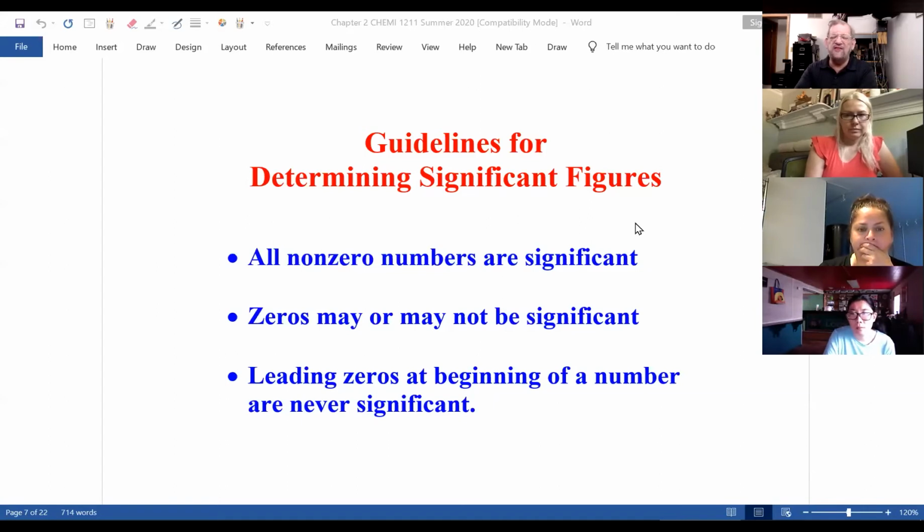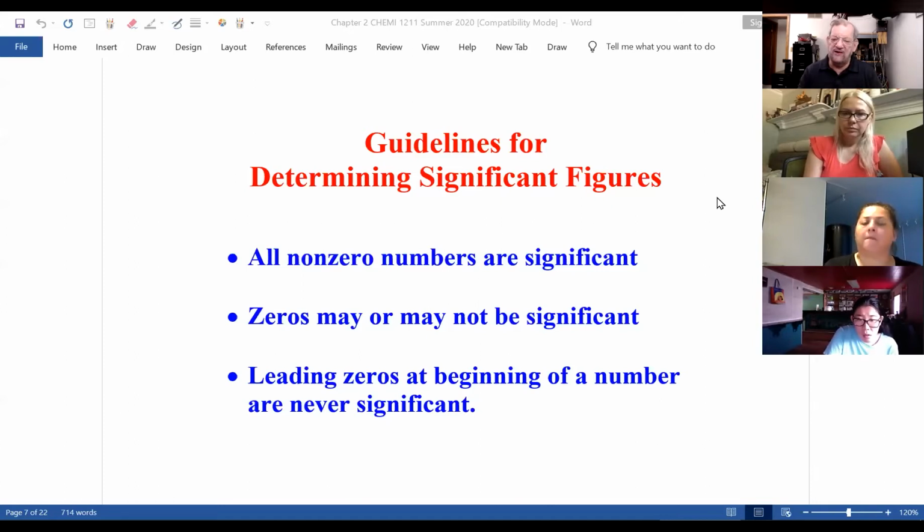And that's something that is important in chemistry and in other things too. Plus, if you don't know this for my test, you're going to lose a lot of points. So that's important for you too. So what are the guidelines? I'm going to go through this. I will never ask on a test, what are the guidelines for determining significant figures?